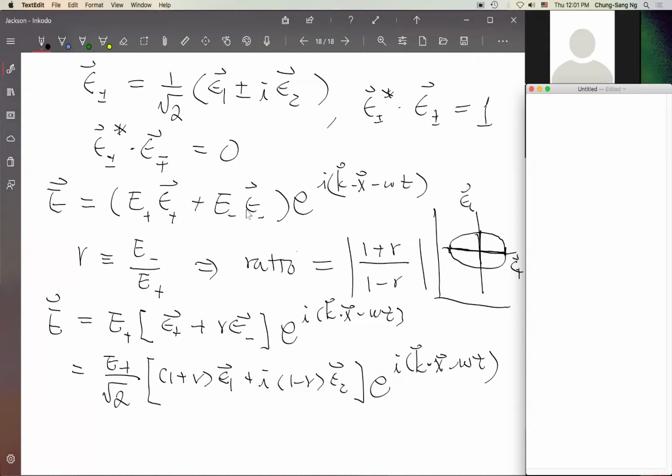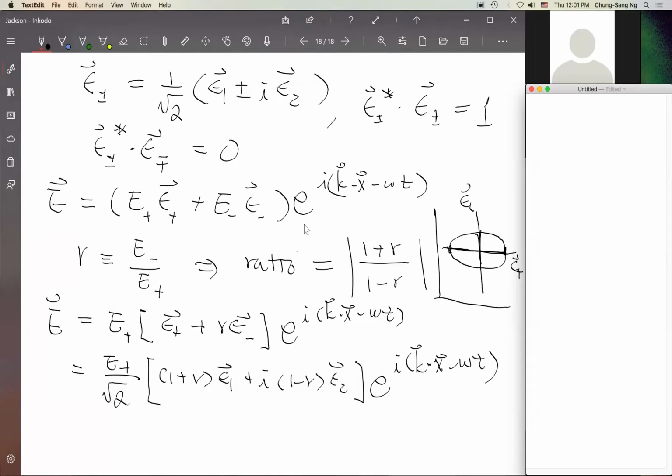And then the last case is the general case that we started the discussion with. So basically, you can express a general wave electric field vector either using epsilon 1 and epsilon 2 as a basis, the linear polarization basis, or using the circular polarization basis, epsilon plus and minus.